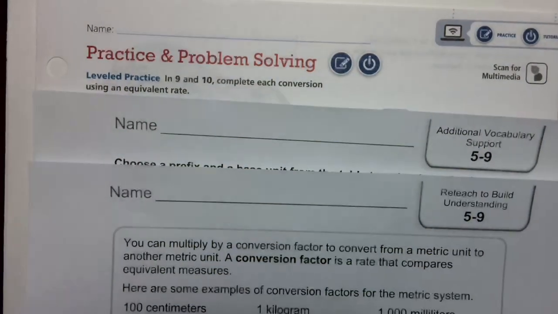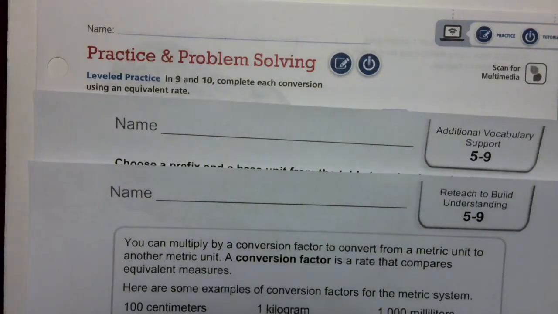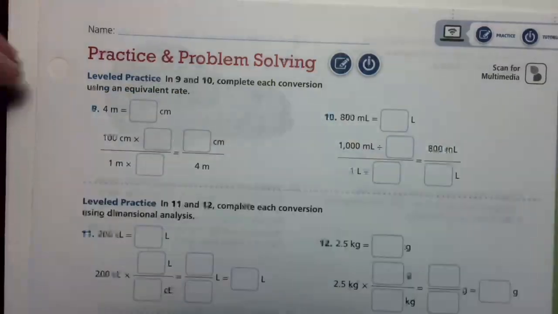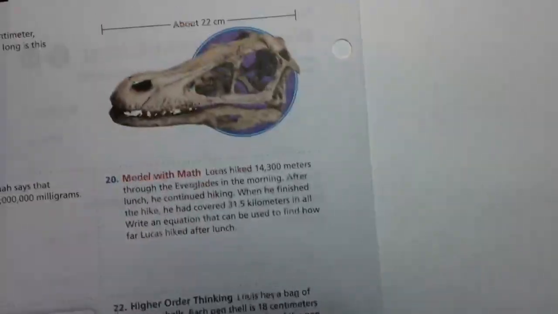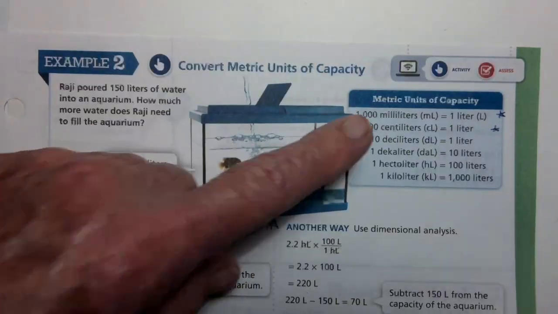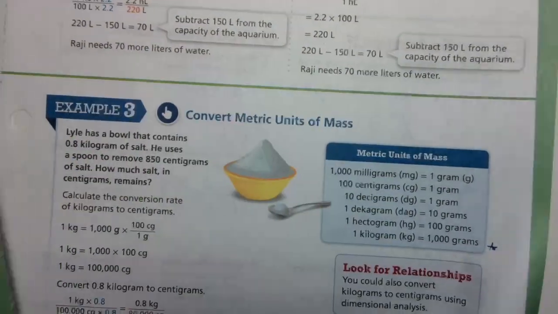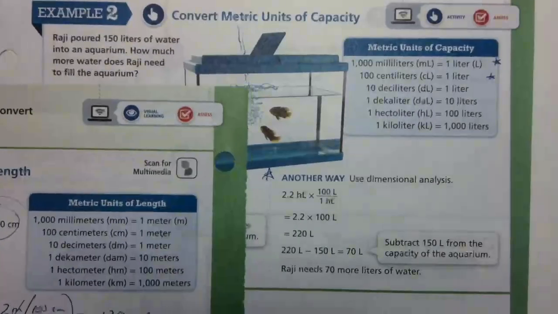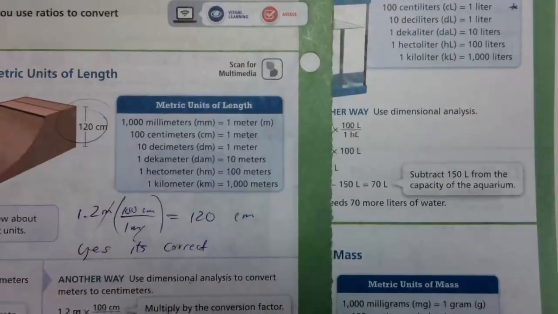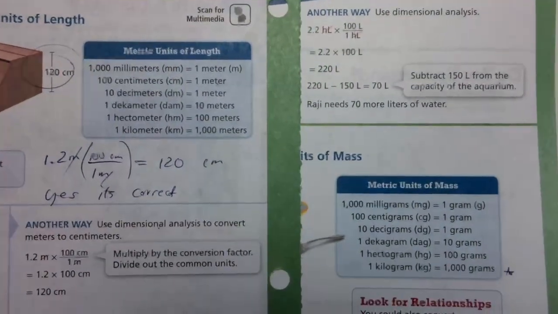So let's practice using dimensional analysis and see how good we can do on the metric system. You have all of your information on your pages. You have units of capacity, units of length, units of mass.